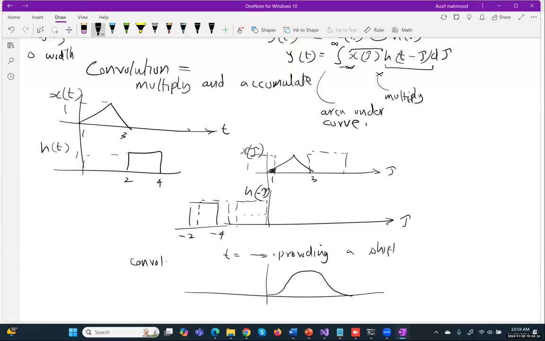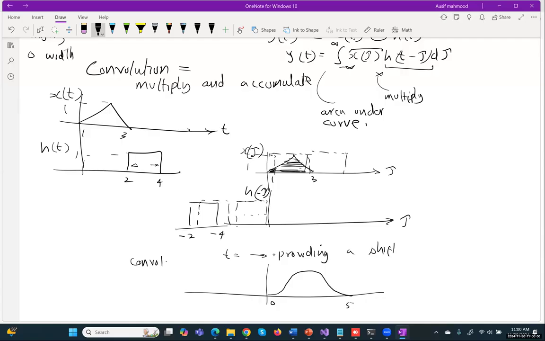So what you will see is the result will be from 0 to 5 because the whole width is 2. Once the box has reached this part, there will be a little bit of overlap over here, and the maximum overlap will occur over here, so the area will be this much over here, right?